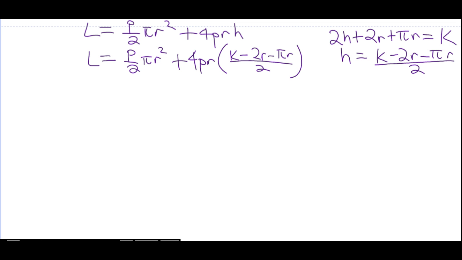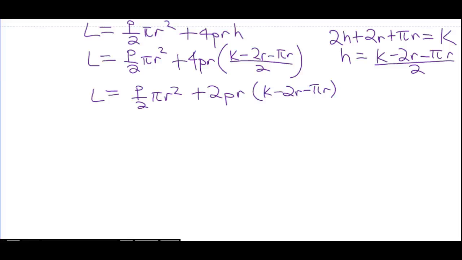All right, so where are we now? So let's simplify what we got here. So P over 2 pi r squared, that 2 goes in, so we got plus 2PR and, it's a good sort of thing of don't lose plus signs or minus signs when you're doing work.